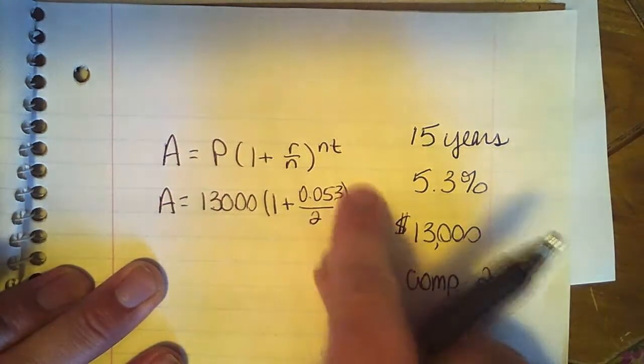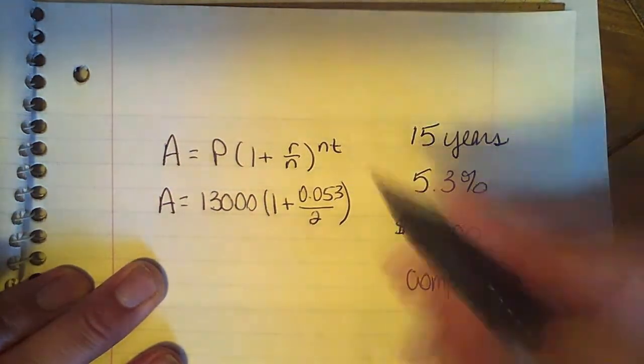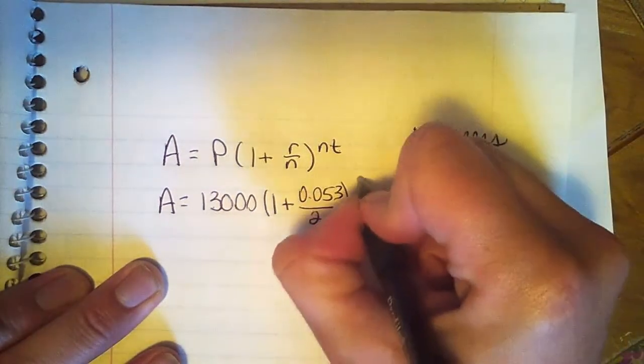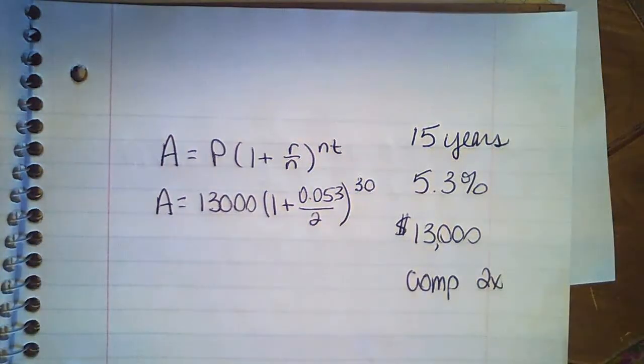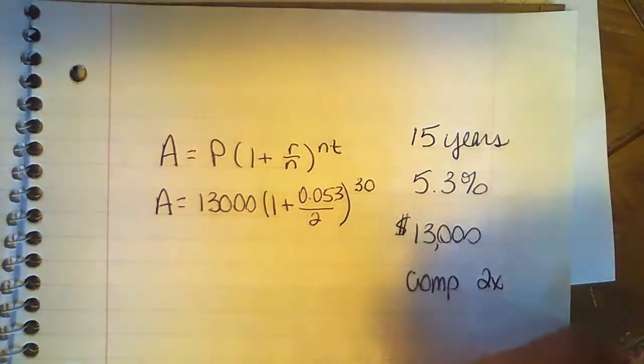So your exponent will be the number of years times the number of times compounding. So 15 times 2 is 30. So the face value of my bond is going to be 13,000 times 1 plus 0.053 divided by 2, raised to the 30th power. And we end up with 28,491.